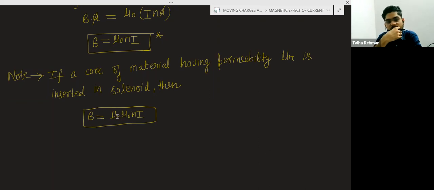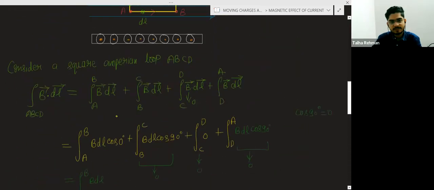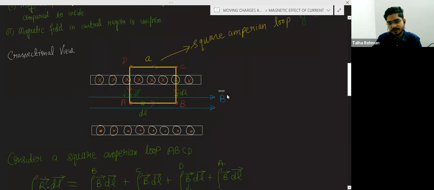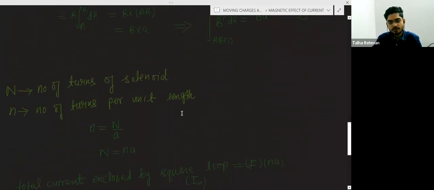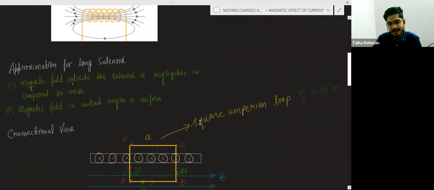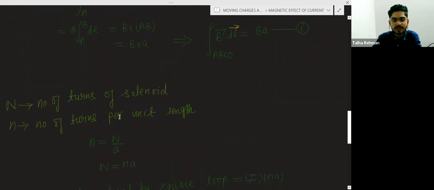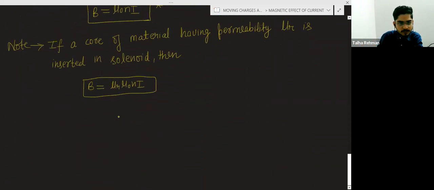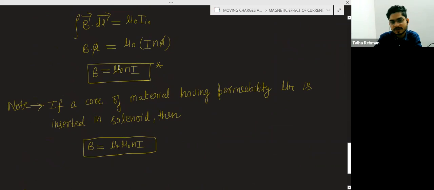And this is the magnetic field B in the central region. If you want to find the magnetic field at the ends of the solenoid, there is only one formula. The magnetic field at the ends of the solenoid will be half of the magnetic field you have calculated for the central region.